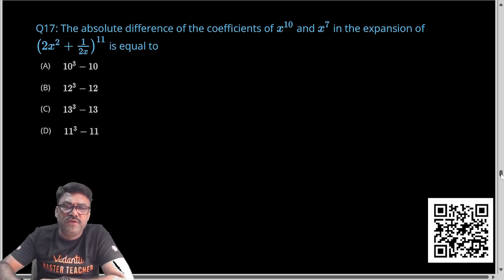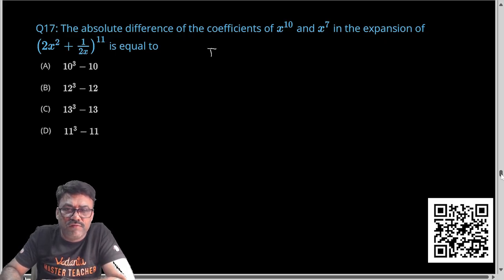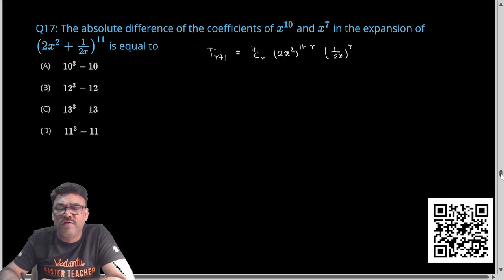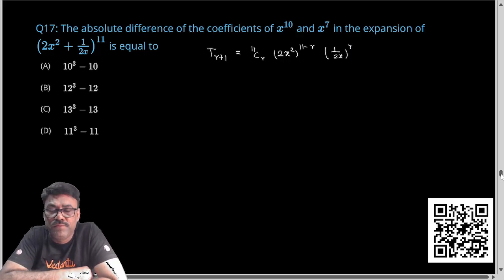So let's write the general term first, T(r+1) in this expansion. T(r+1) is what? 11Cr, (2x²) raised to 11 minus r, (1/2x) raised to r. See, in every question of this type, this coefficient type problem, you find the general term of the binomial first.